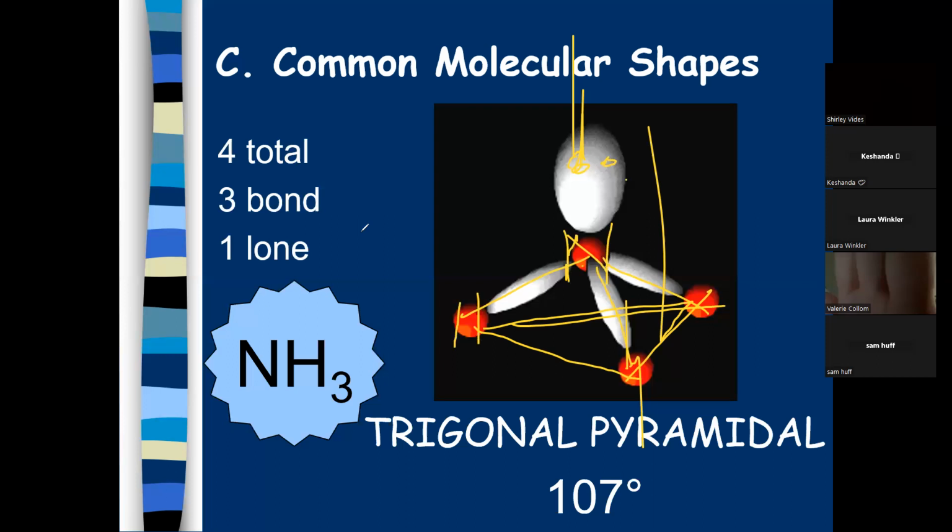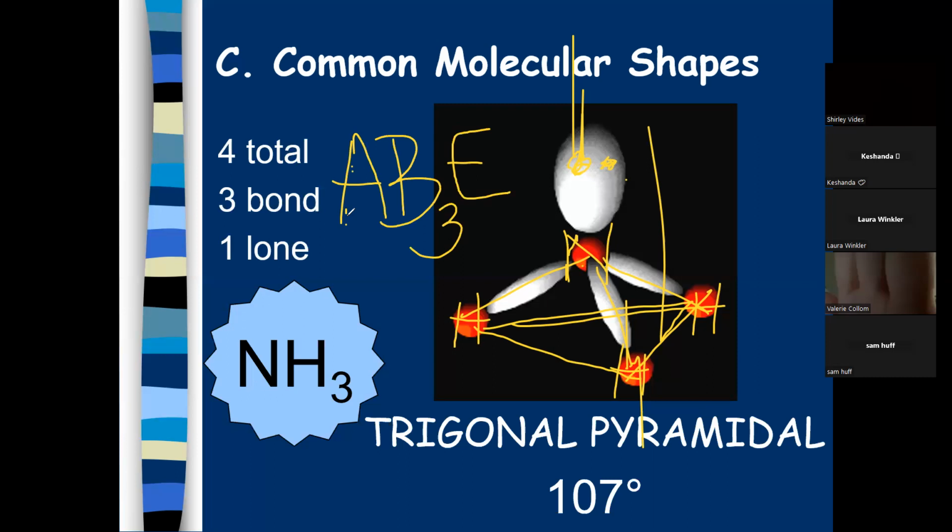The hydrogens would be there, right? And this is the lone pair right here. All right, so there's your NH3. And what kind would this be? Well, A, correct. B, 3, E. Because 1 is a lone pair and 3 are bonds. All right, let's clear that.